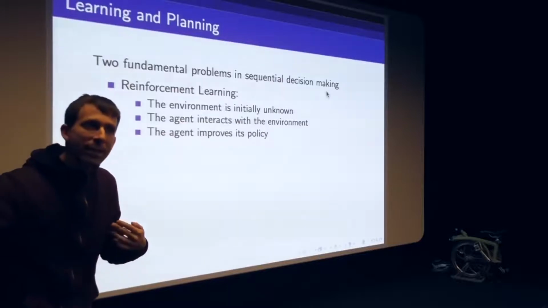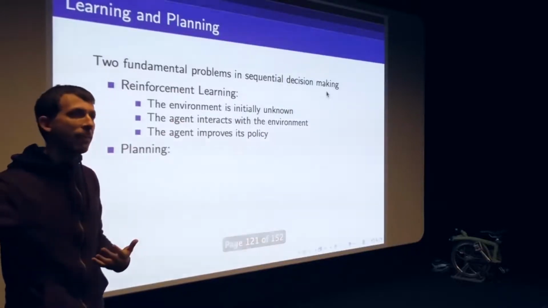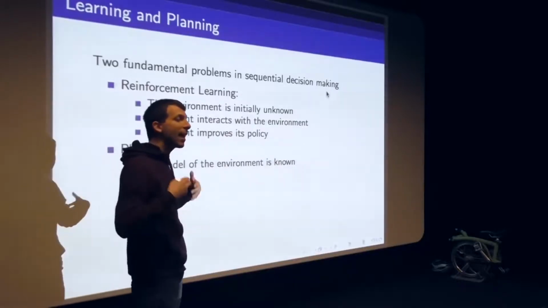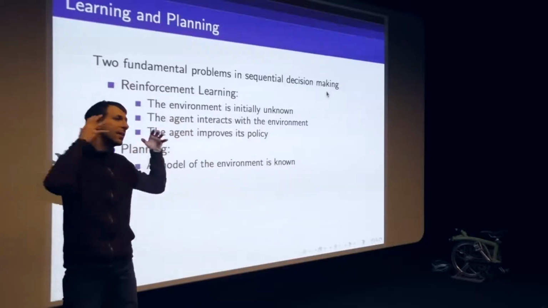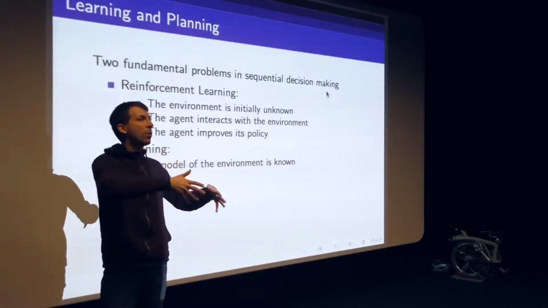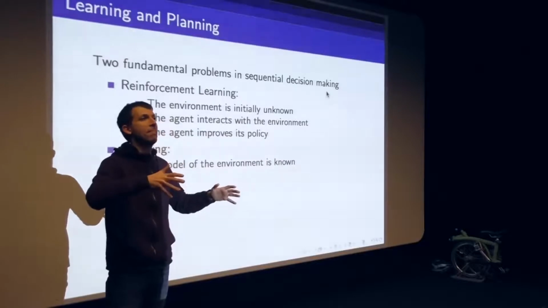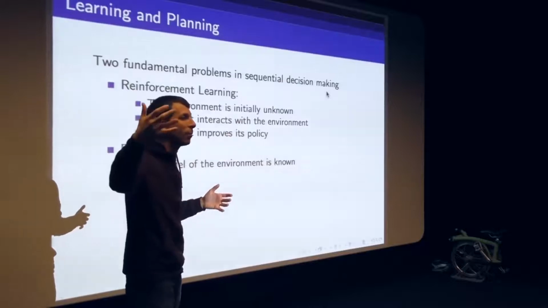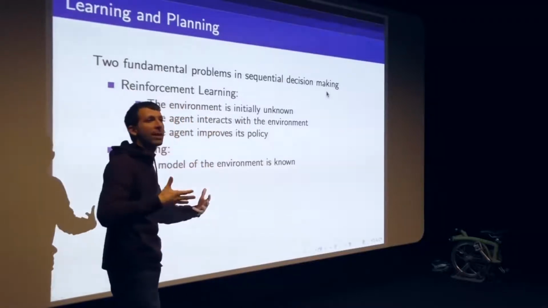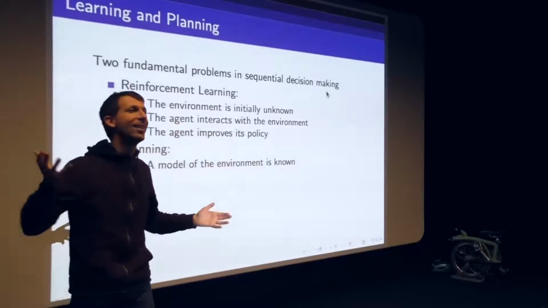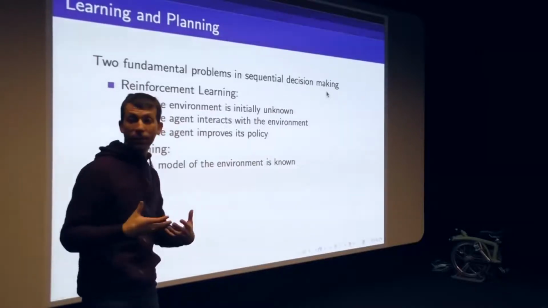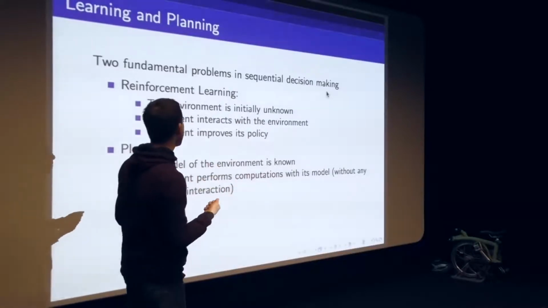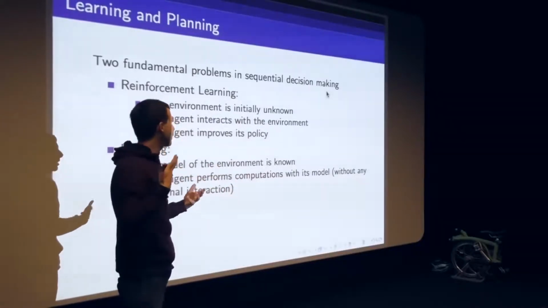Okay. There's a second problem setup, which we call planning. Planning is different. We tell it the environment. In the planning problem, we say, this is exactly the environment that you're working within. We tell it all the rules of the game, if you like. We tell it the details of the dynamics of the wind for the helicopter and how helicopters move. We give it the differential equations describing wind and so forth. So the model of the environment is fully known. And instead of interacting with an environment, the agent performs internal computations with its model.